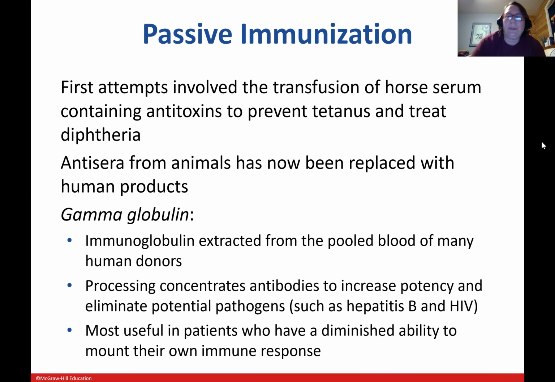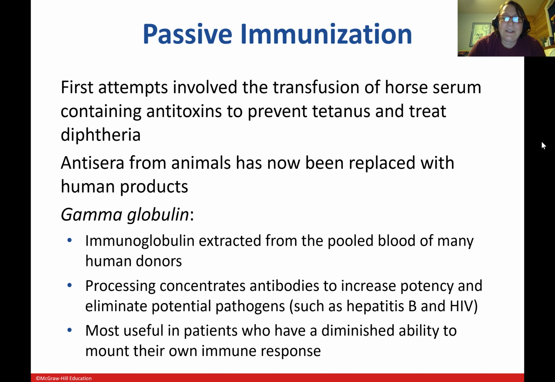Okay, we don't use that anti-sera from animals anymore. We now use human products. We use immunoglobulins extracted from the pooled blood of many, many donors, and the process concentrates those antibodies to increase the potency, and also eliminates any potential pathogens like viruses such as hepatitis B and HIV.